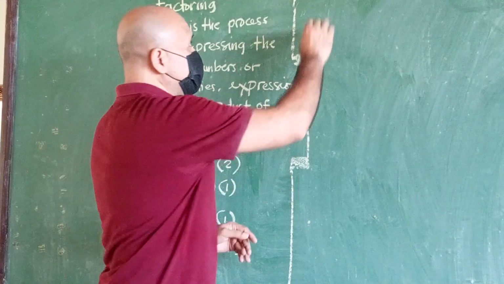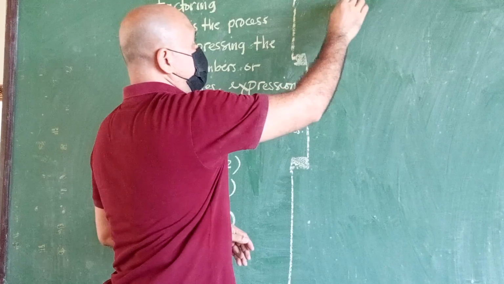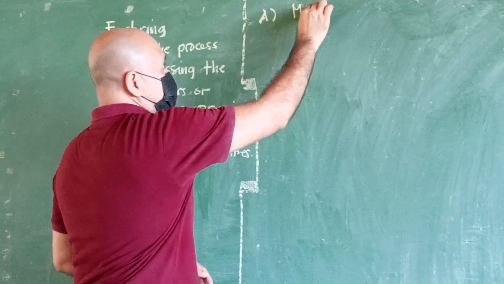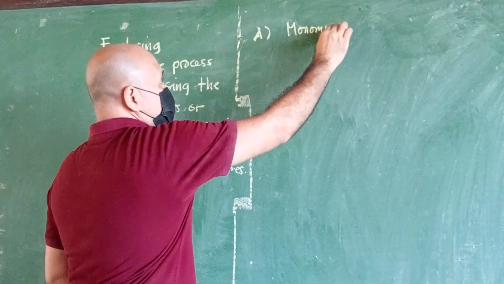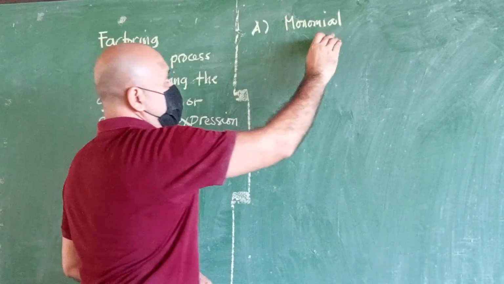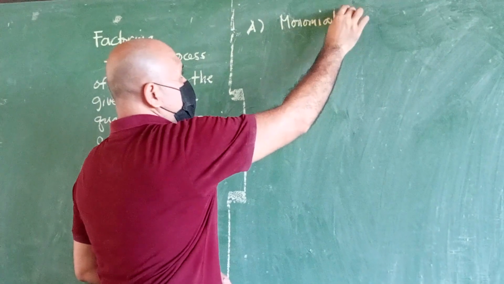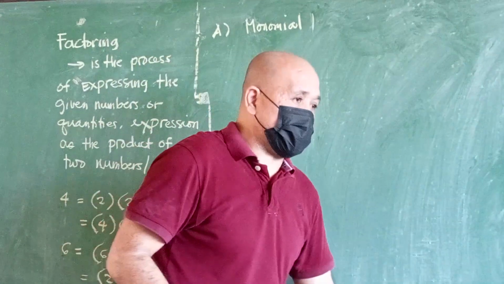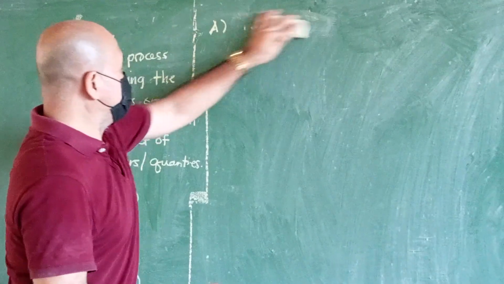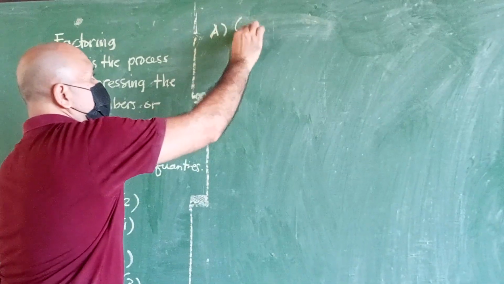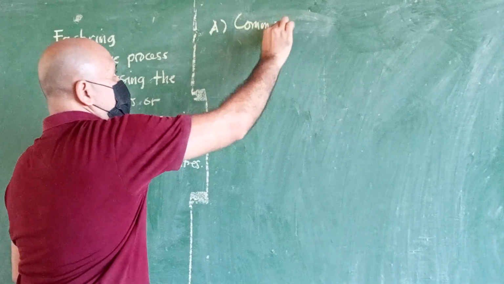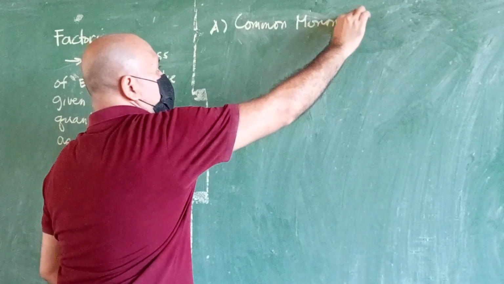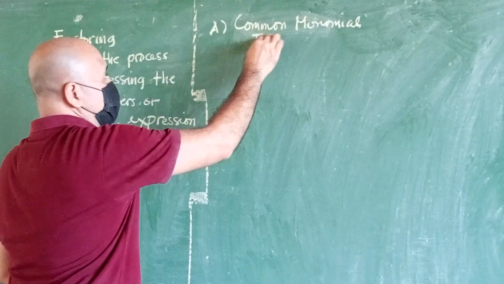Okay, let's begin with the first type of algebraic expression where we need to factor out. The first one is monomial, or shall we say common monomial factoring.